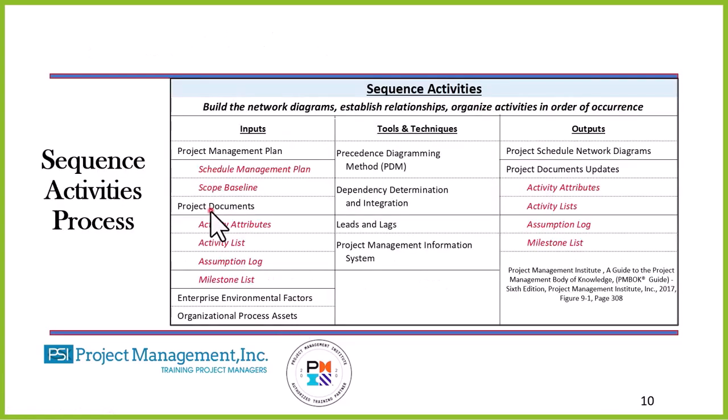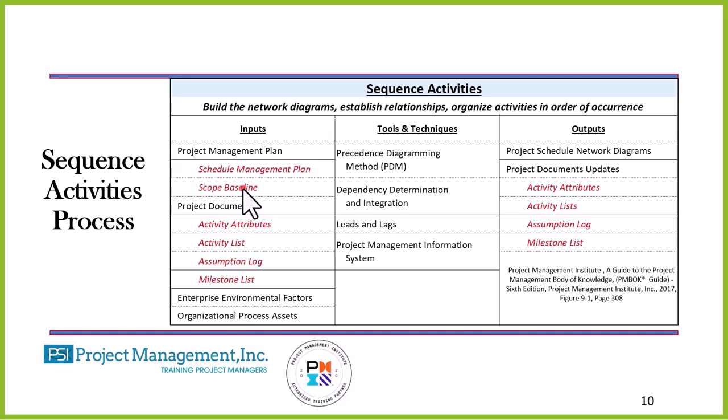Structure of this process. This is out of the 6th edition of the PMBOK Guide. You can see that the schedule management plan is an input here. It tells me how to do this process. I have the scope baseline. That scope baseline is made up of the WBS, the WBS dictionary, and the scope statement. Well, guess what I'm going to do with that WBS?